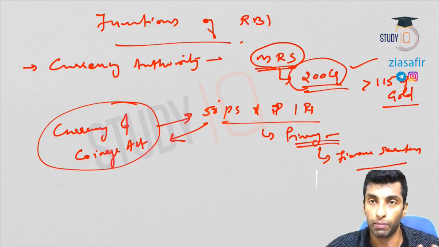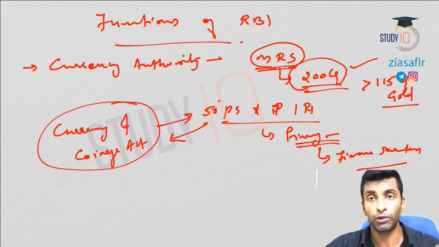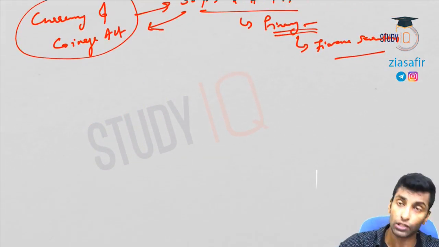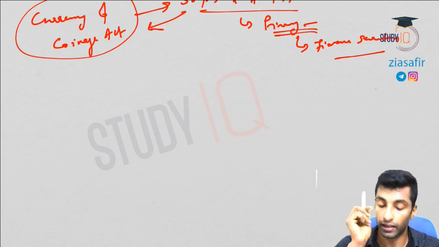Every other note the RBI governor will sign. So from 2 rupee onwards, 10, 20, all this is printed by RBI. So it is the sole authority to print currency.